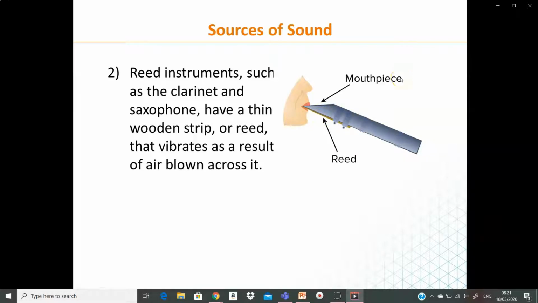When the performer blows the air inside this musical instrument, the reed, which is a piece of wooden strip, is going to vibrate according to the air column produced from the lungs of the performer.